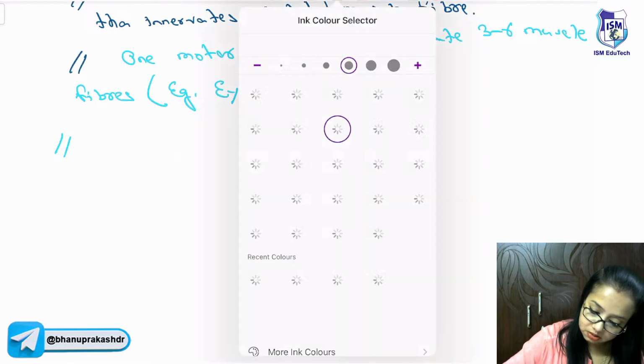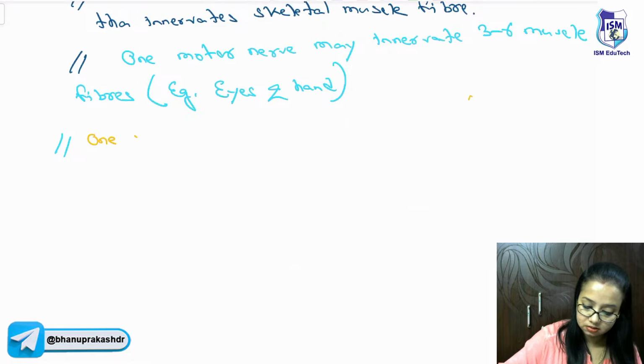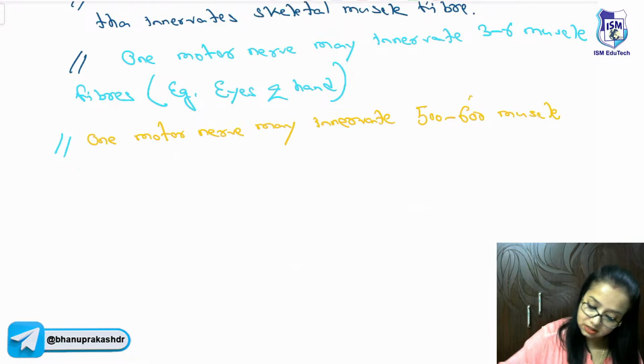Or one motor nerve may innervate 500 to 600 muscle fibers.